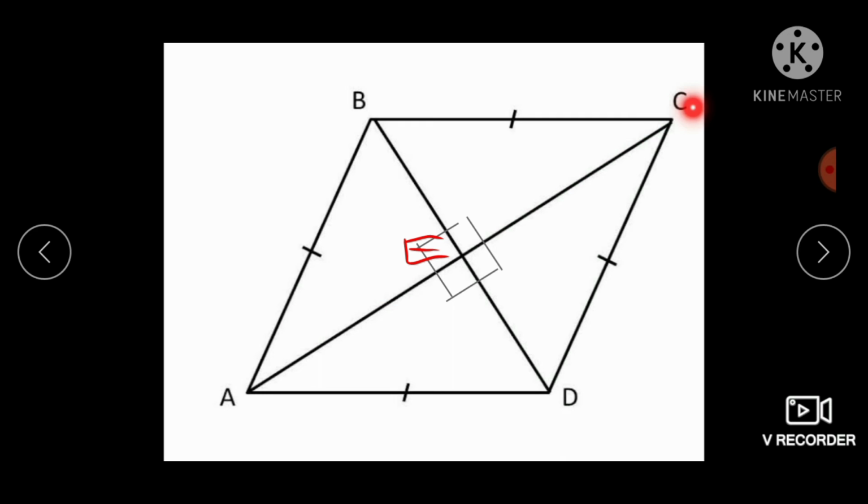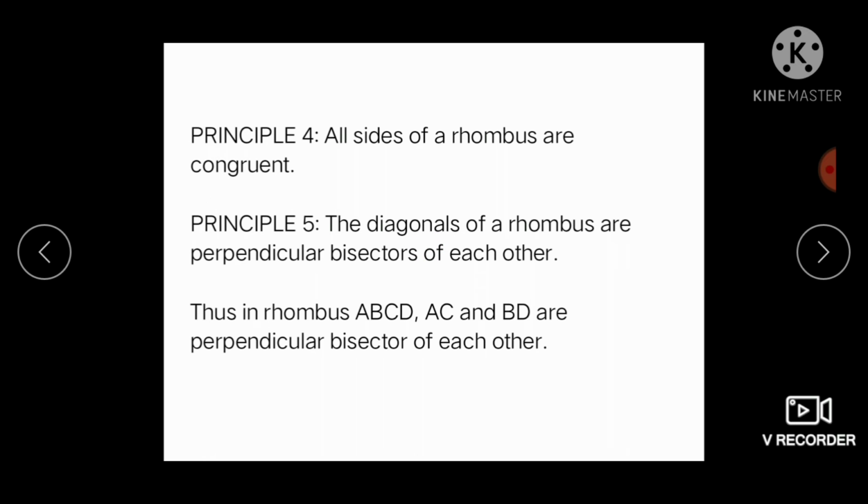So AC has been bisected, which means side AE is congruent to side EC. So we have two congruent triangles. The corresponding angles of the two triangles must be the same, and they are supplementary angles. If I have two supplementary angles that are equal, then each angle must be 90 degrees. So this is 90 degrees, this is 90 degrees, and this is 90 degrees. That means the diagonals are perpendicular bisectors and form right angles. Thus, in a rhombus ABCD, diagonal AC and diagonal BD are perpendicular bisectors of each other.